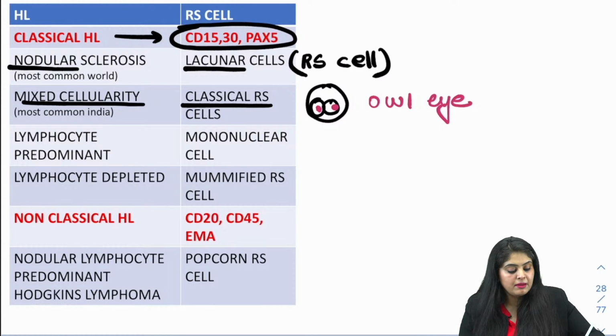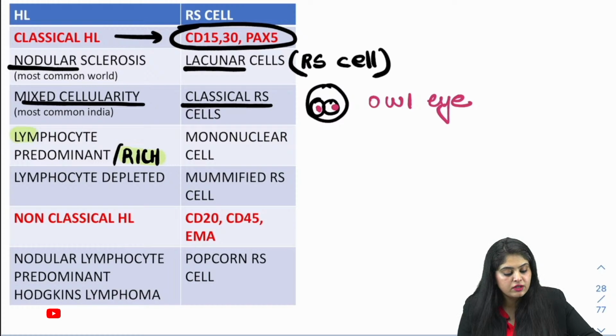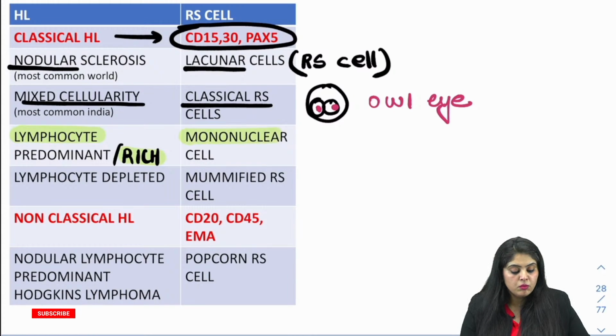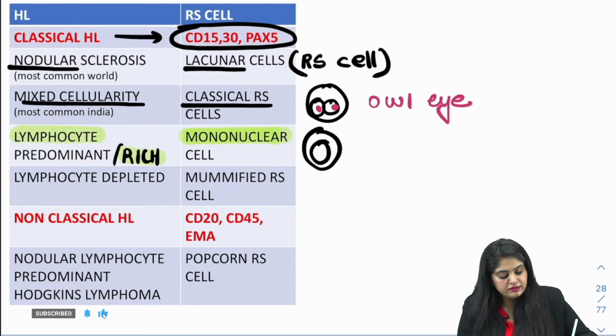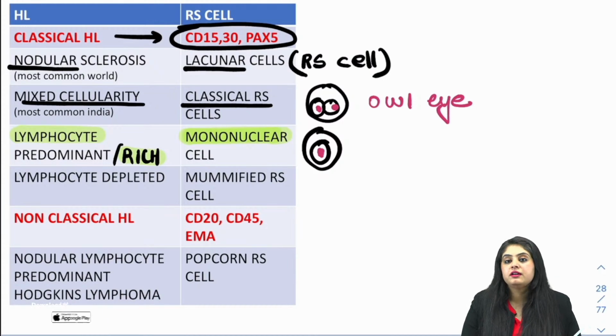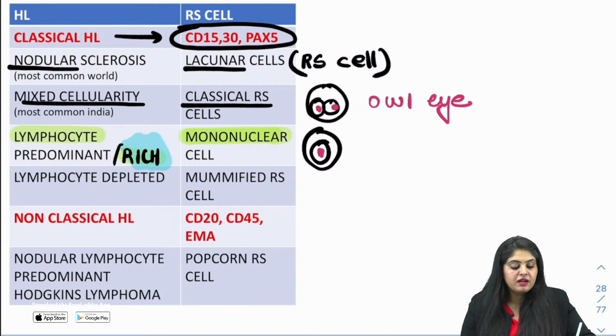Fine. Then lymphocyte rich. What do you see in the lymphocyte rich variety? Which kind of RS cell? Mononuclear. Mononuclear means one nucleus. How do I learn this? See, this is just a life lesson that I'm telling you. If you keep running after money in life, if that is the only priority you have, that is lymphocyte rich.